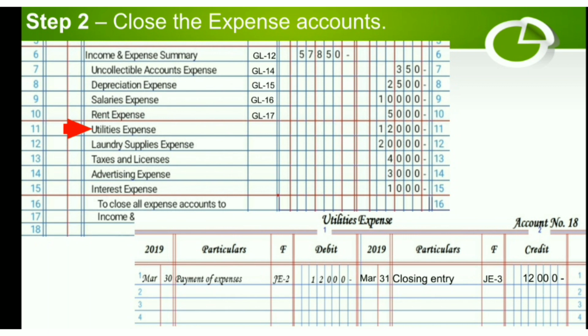After the posting, the utilities expense is now a closed account because the difference between debit, which is 12,000, and credit, which is also 12,000, is 0. So we double rule the amounts. And then in the general journal, we will write GL18 under the folio column since the credit entry utilities expense of 12,000 pesos is posted to General Ledger 18 or account number 18.